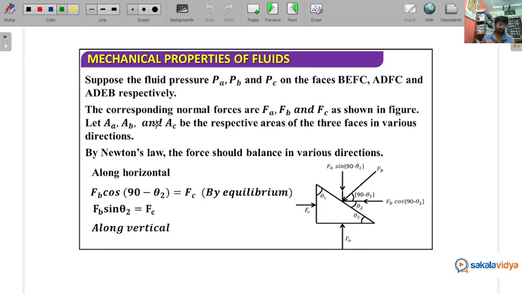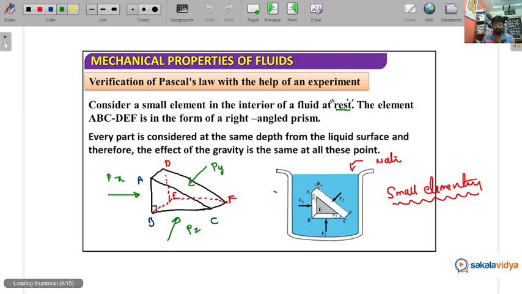Suppose the fluid pressures PA, PB and PC act on the faces BEFC, ADFC and ADEB respectively. The force F1 is acting on the face BCFD, the force F3 is acting on the face ADEB, and the force F2 on ADFC.